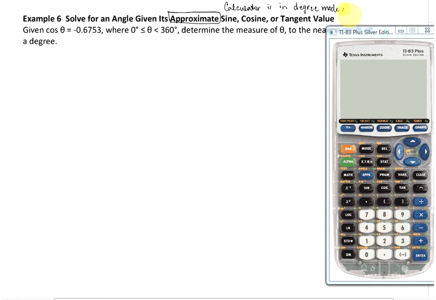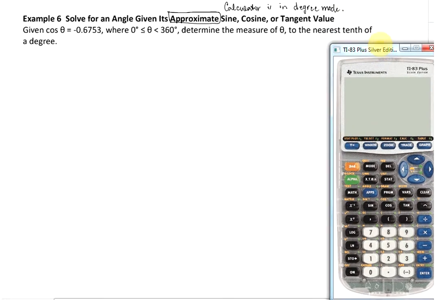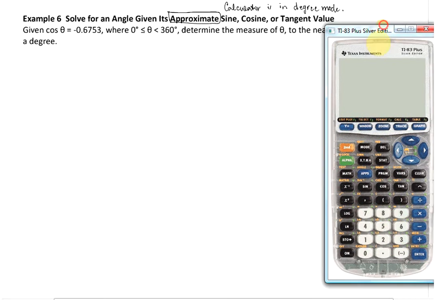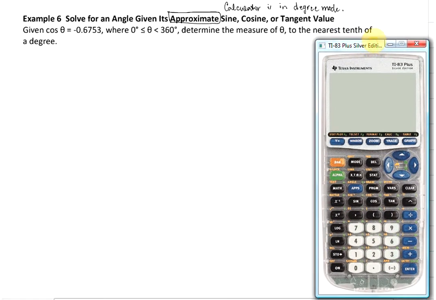Given that cos of theta equals negative 0.6753, where theta is between 0 and 360 degrees, determine the measure of theta to the nearest tenth of a degree. Our first step is to determine which quadrant our angle is in, or which quadrants.